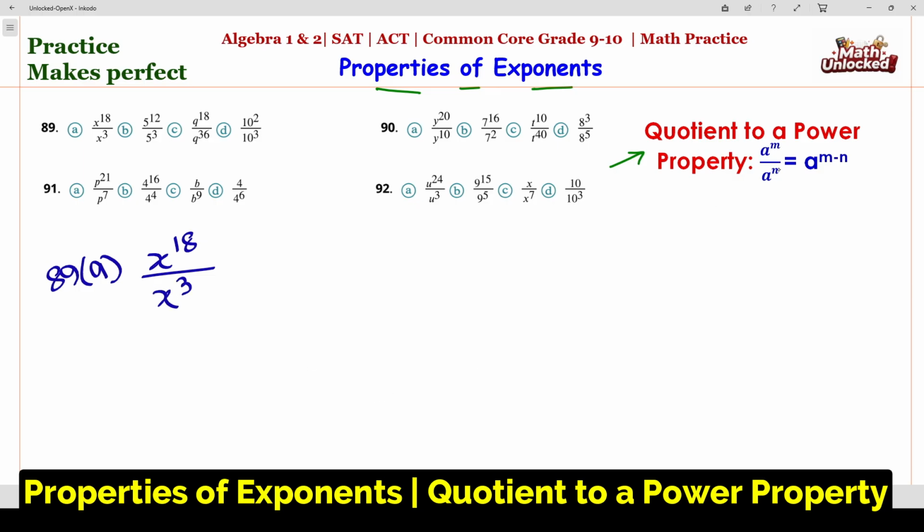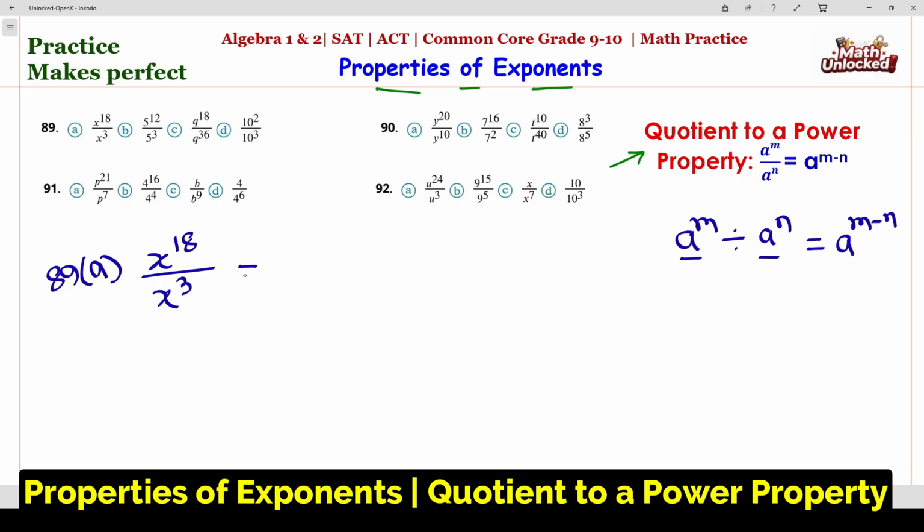As per the quotient to a power property, we know a to the power m divided by a to the power n. Once the bases are the same, in division the powers will be subtracted, right?